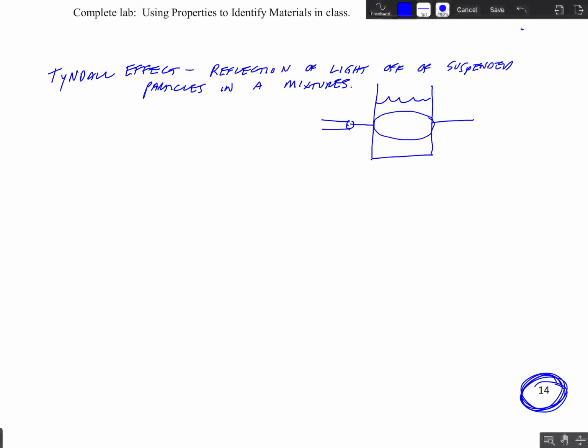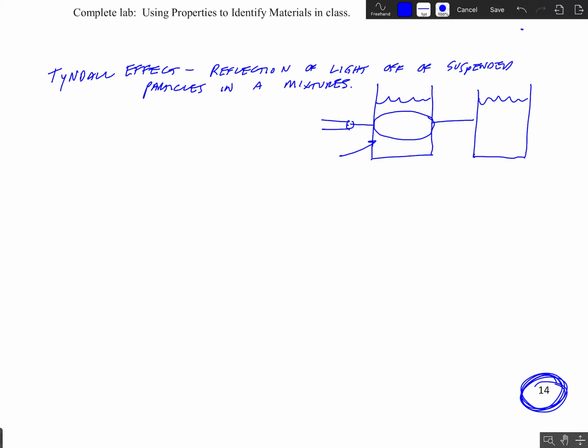You just see a dot on the wall. However, if you put smoke in that room or if it were foggy outside, you could actually see the beam. Your room air is a solution. It's one phase. This beaker here is a solution. It's one phase. We cannot see the light reflecting off of suspended particles like we could if it were a smoke-filled room or a foggy room.